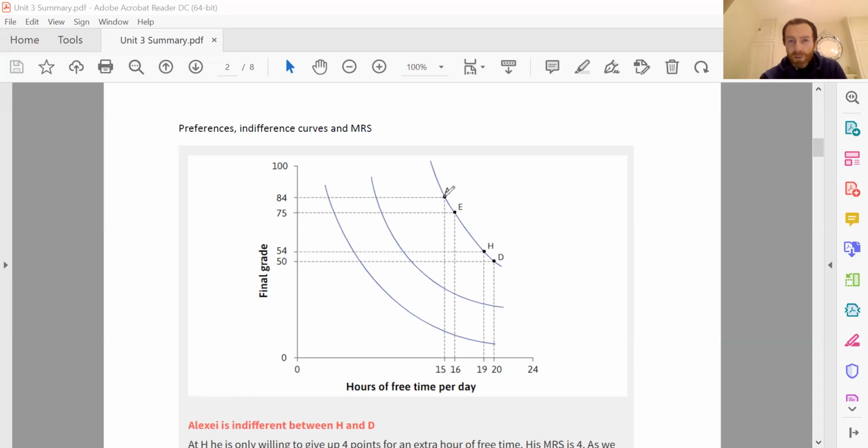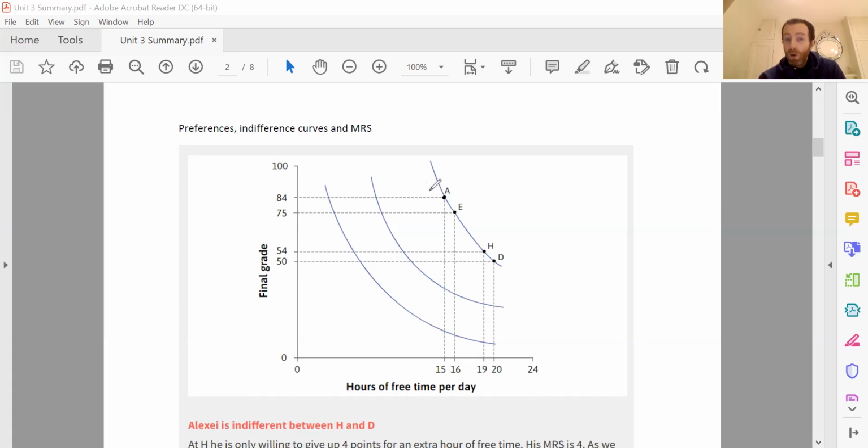So if Alexi were at point A, to get the marginal rate of substitution, we want to think about how much of his grade he would be willing to sacrifice to get one more hour of free time. And we can see that to go from 15 hours of free time to 16 hours, he'd be willing to reduce his grade from 84 to 75, to go down by 9 points. So that would be the marginal rate of substitution at point A.